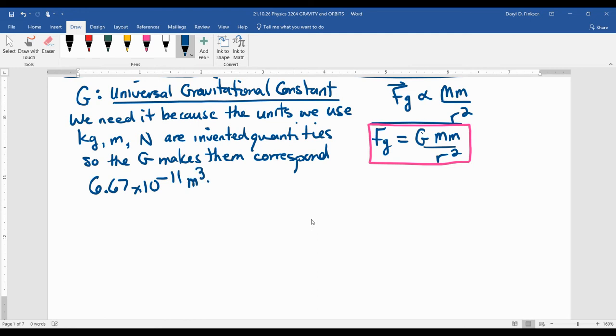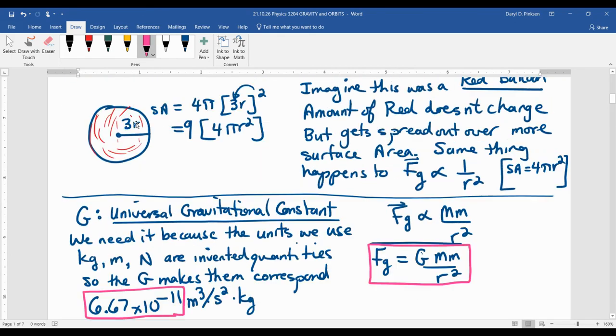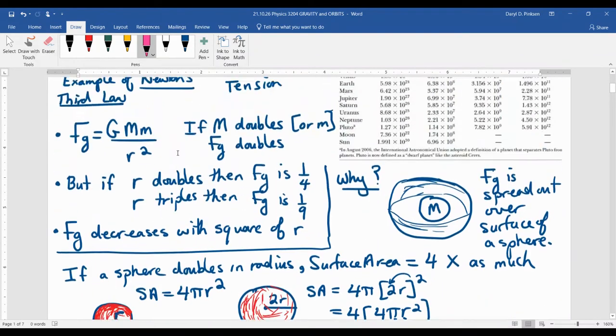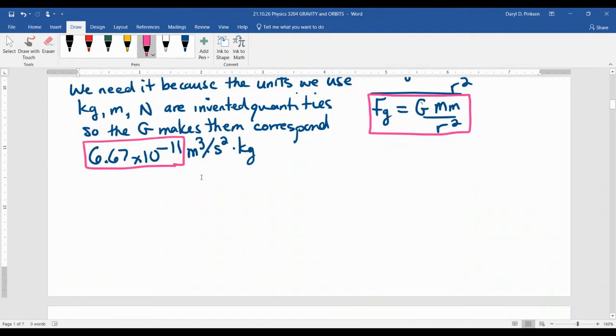Well, the only thing that I ever remember off the top of my head is this, 6.67 times 10 to the negative 11. The units will just cancel out and leave you with newtons. That's the whole point of this. And we can calculate the force between two objects using that equation.